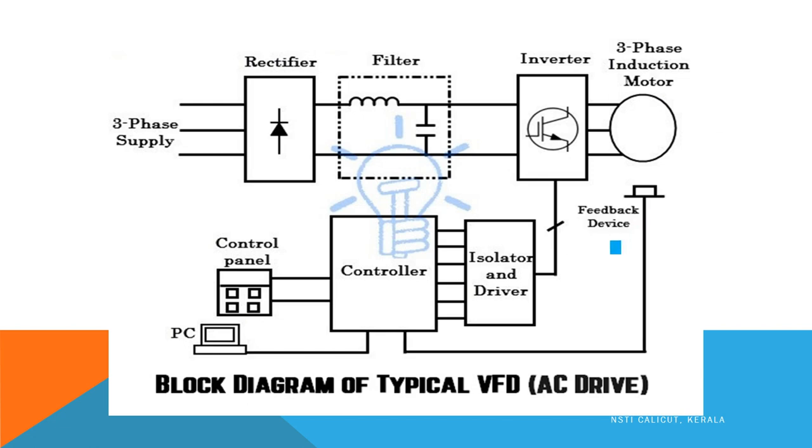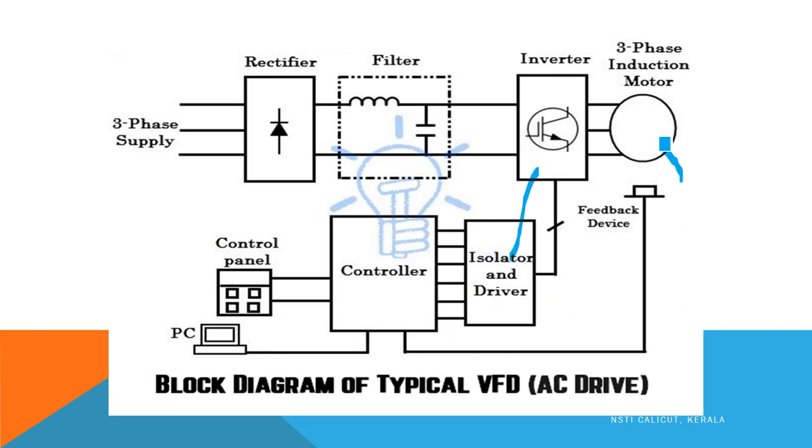And one more thing we will generally see, though it is not mandatory, is known as the feedback device. So what is feedback? We give a command to run at a particular speed. This feedback device will sense the speed and tell whether it is running at the correct speed. Based on the feedback, the controller will change its process and control the speed.